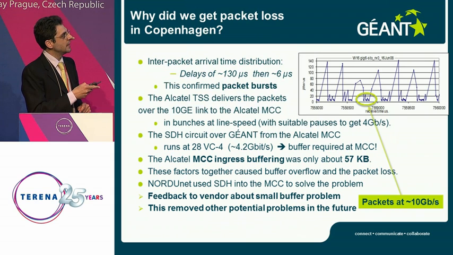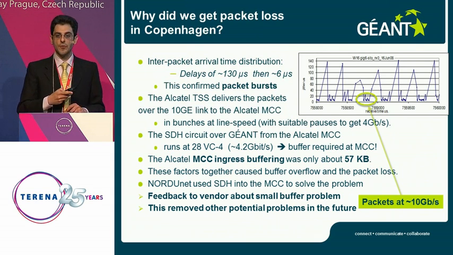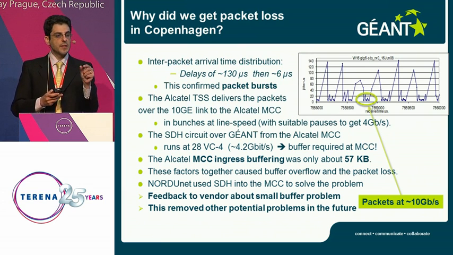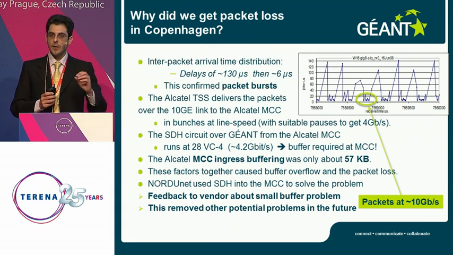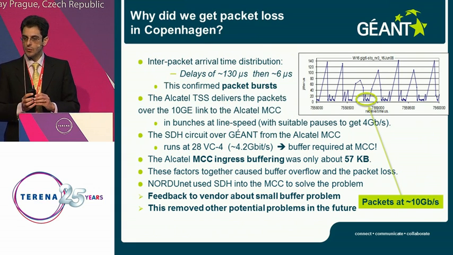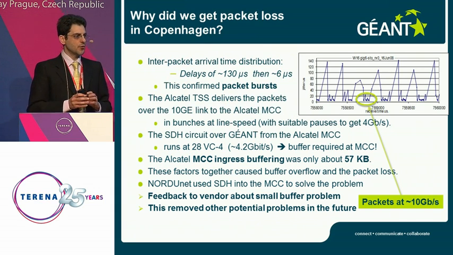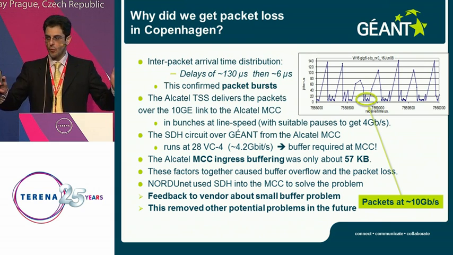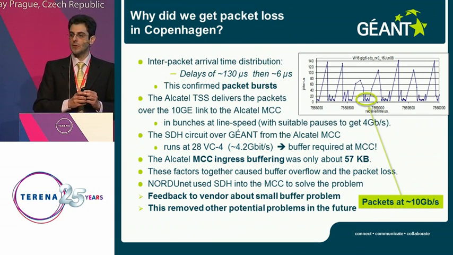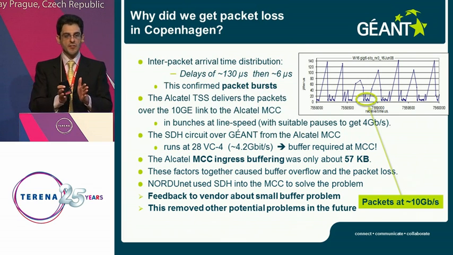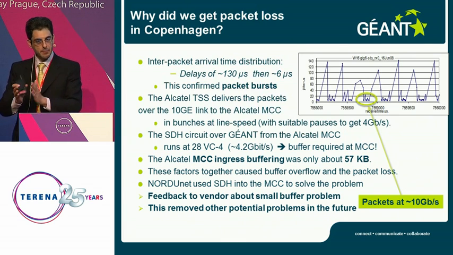You can see those little dots sitting here at 6 microseconds. So this means that the packets were actually delivered from the TSS to the MCC in Copenhagen not as a continuous flow of 4 gigabits, but as a bunch at 10 gigabits per second line speed, then waiting a little bit, and then another bunch.